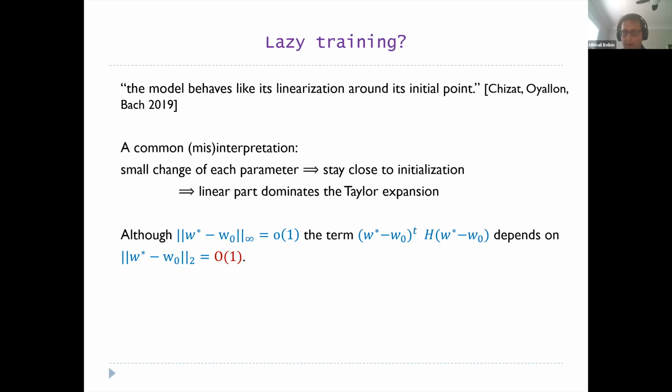And the 2 norm, because every one of them is 1 over square root of n, but the sum of squares of them is O of 1, is actually not small. So you cannot deduce from the fact that the infinity norm of the change is small that the function becomes linear.